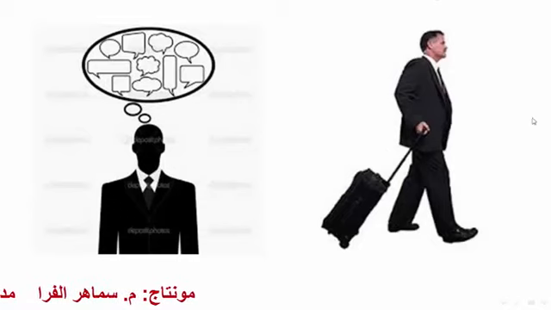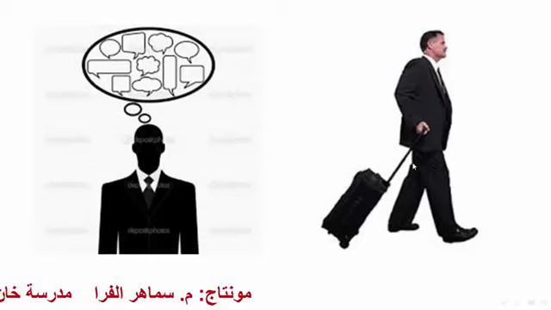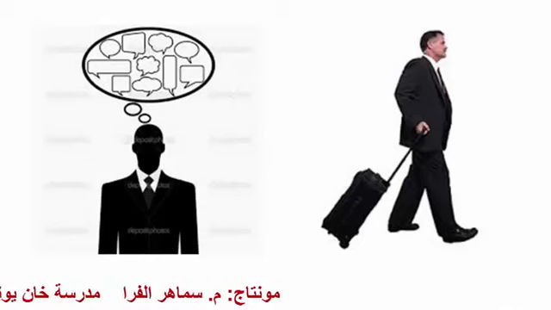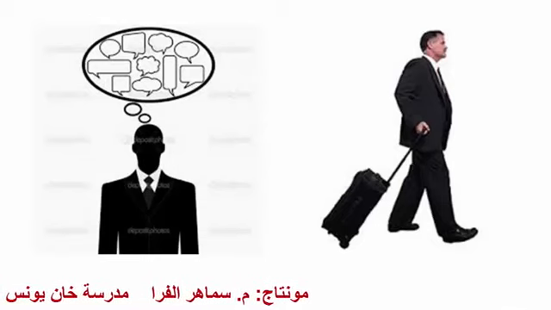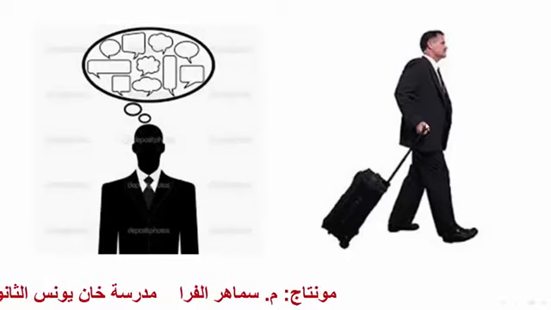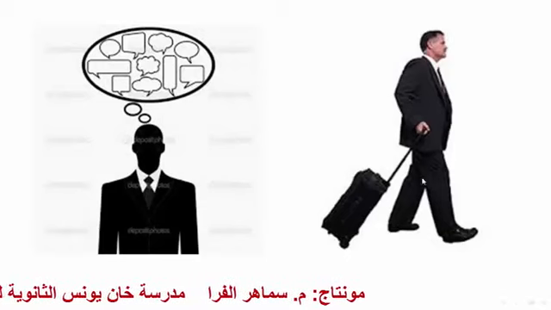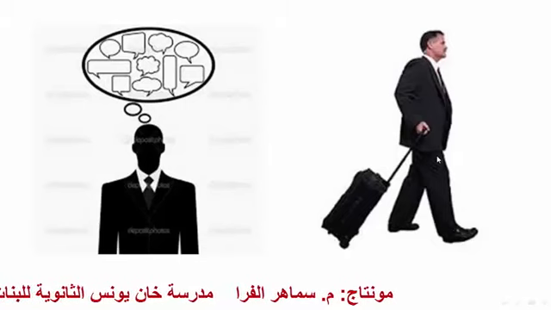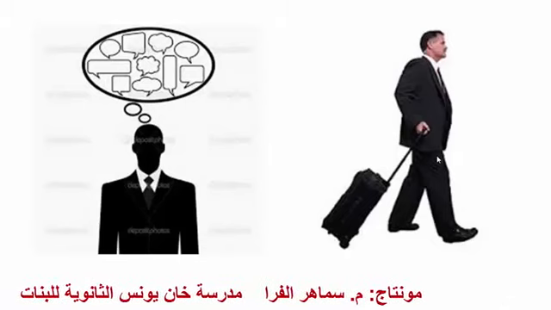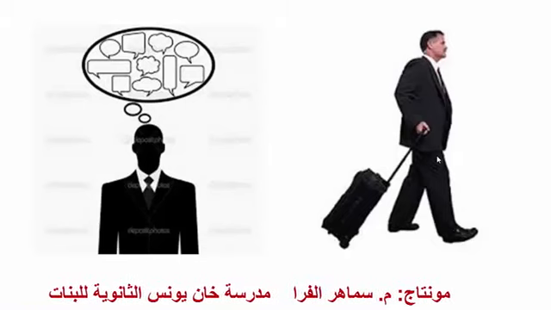But the other one here, this man is ready for leaving. His ticket is booked and his handbag is prepared. And so here the arrangement for the future action is completed.